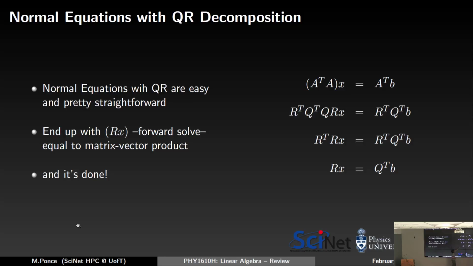Then you end up with R transpose Rx equals R transpose Q transpose b. R transpose is on both sides at the same place, assuming there is an inverse for R transpose, which there is because of the shape, so you end up with this system. This is a new vector, this is Rx, so you can solve for x and then back substitute because of the shape of R.